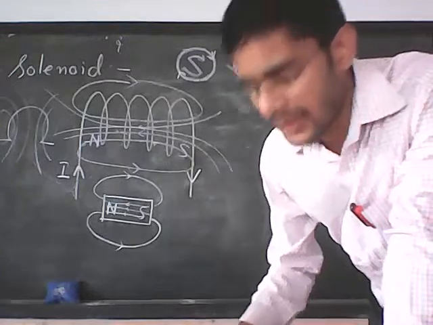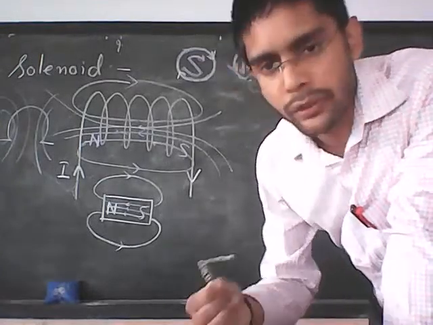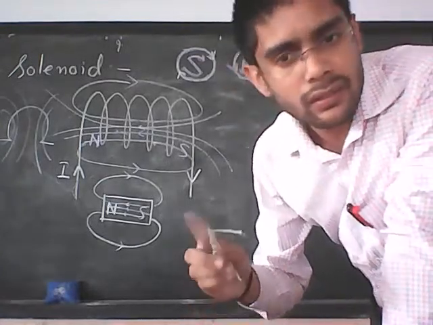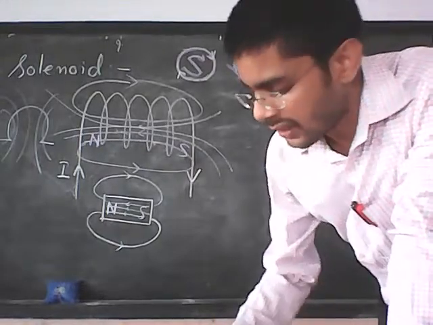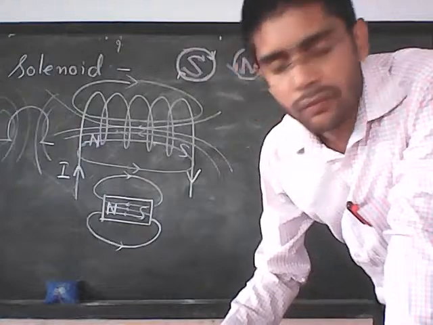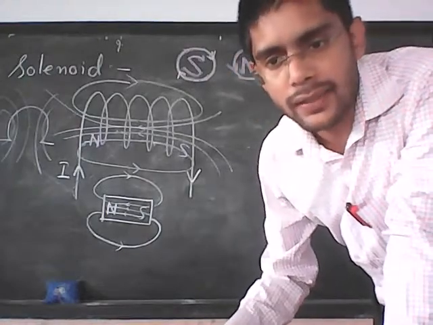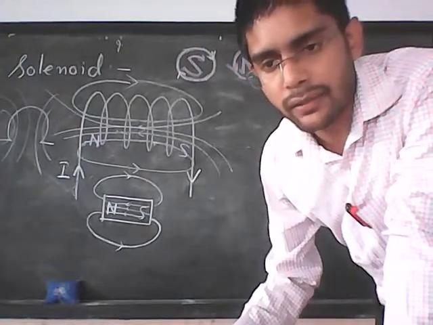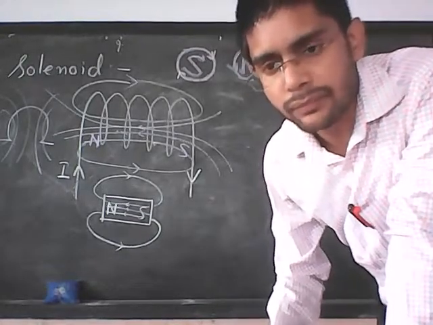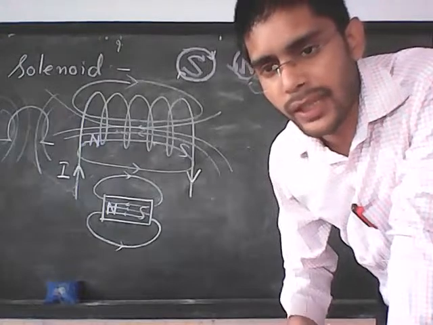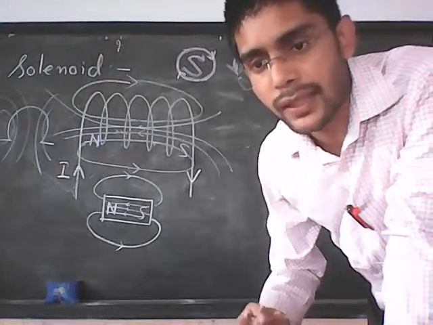So basically that answer is: when you use steel or another kind of material, it will work as a magnet when the current is supplied to it. But when you remove the current supply, after that also it will work as a magnet.